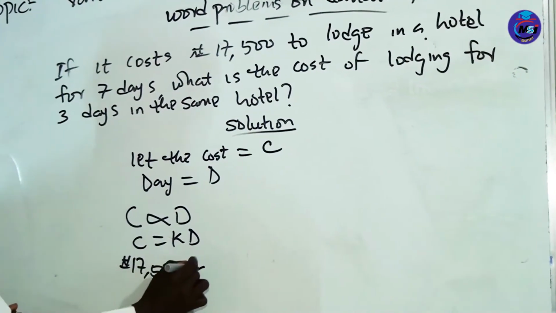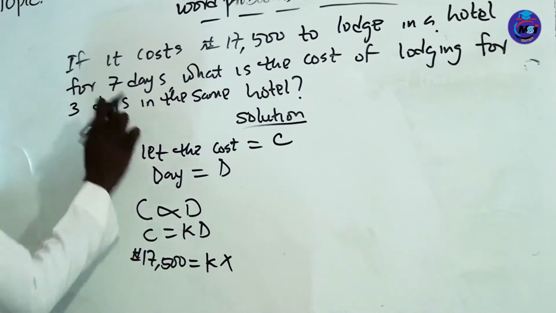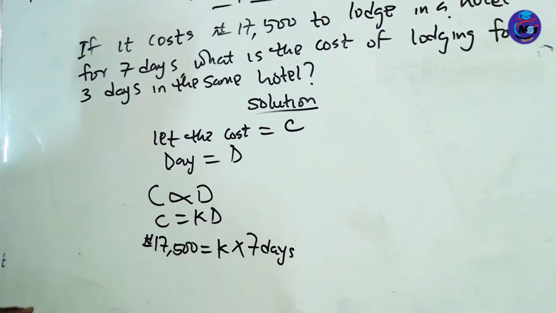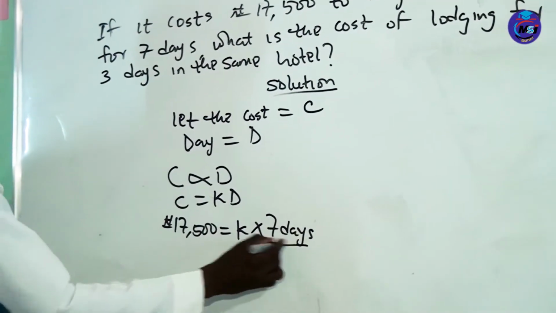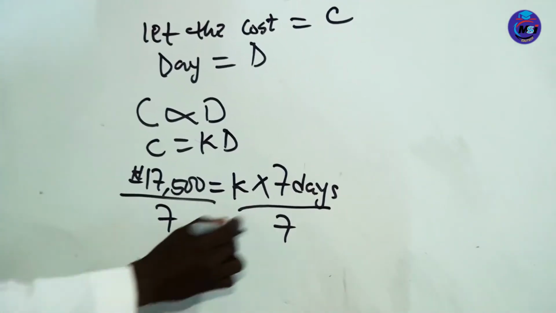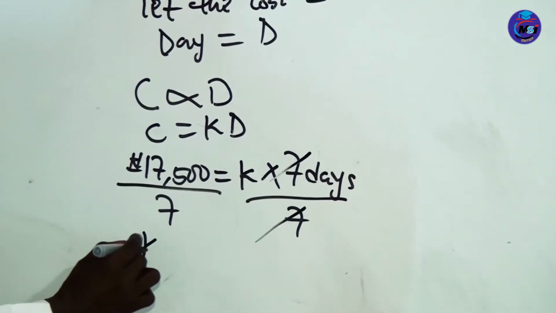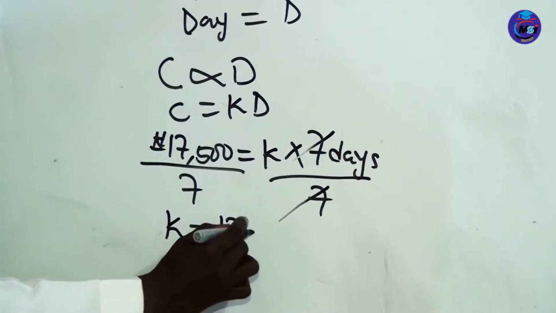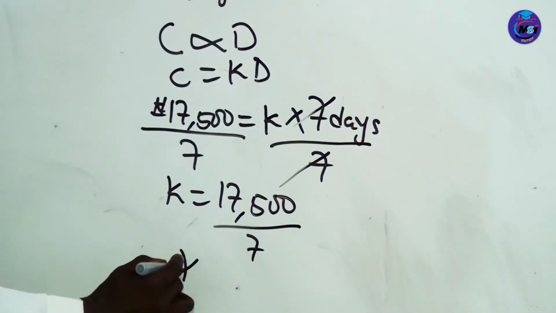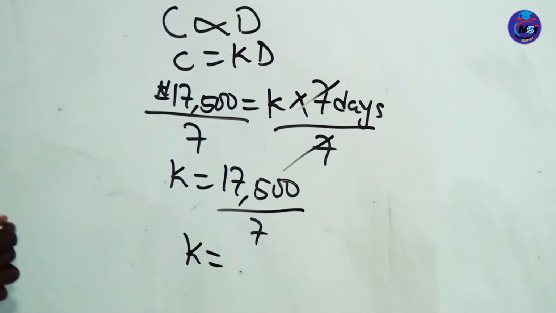K is not known, and D is 7 days. So what are we going to get? Divide this by 7. 7 will cancel 7. K will give you 17,500 divided by 7.